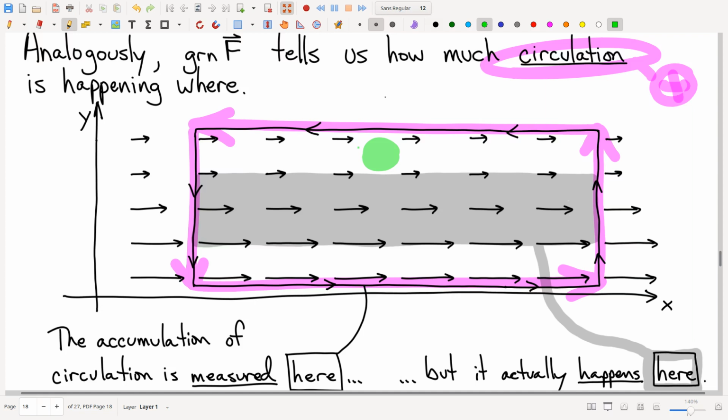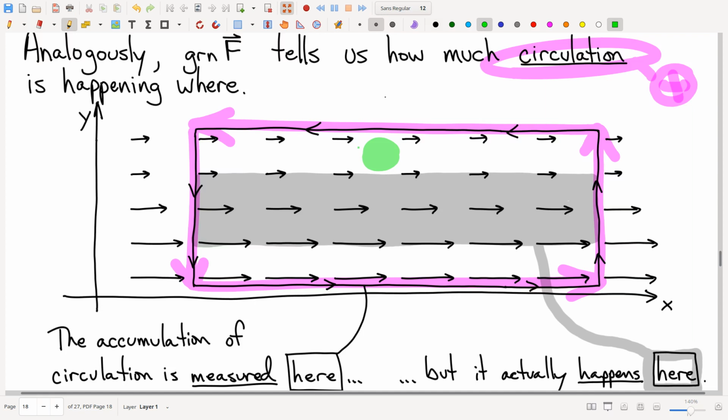Remember, you can think of circulation as, if you were to drop a leaf into the stream, as the leaf flows downstream, does it just flow downstream like this, or does it sort of spin and turn? I can't do that with my hand very well. Does it spin and turn as it flows downstream?